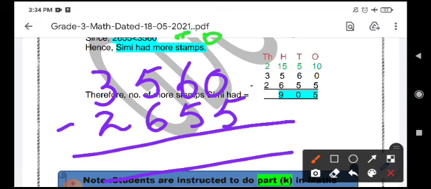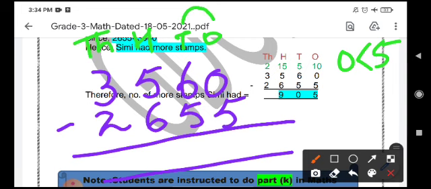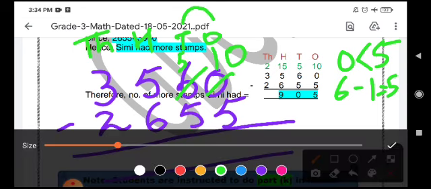So now we will do the subtraction. Okay, 0 minus 5. 0 is less than 5. I can't take 5 from 0. What will I do? I will go to the next door, get 10 more. So we'll write 10 here and we'll decrease it by 1. 6 minus 1 is 5. Okay, so we'll write 5 here.